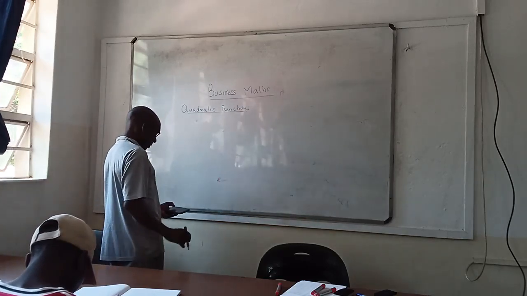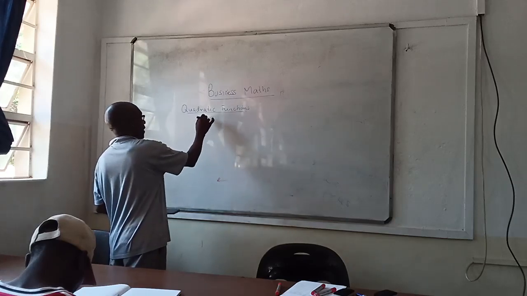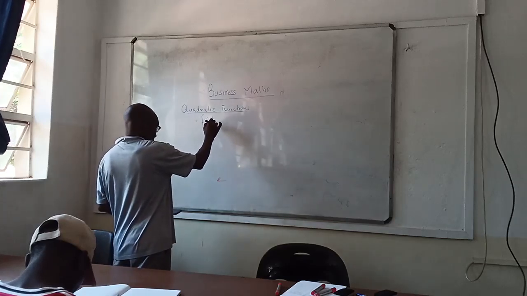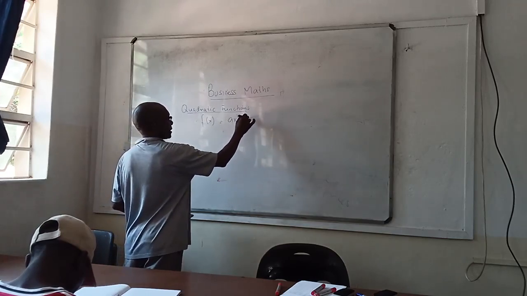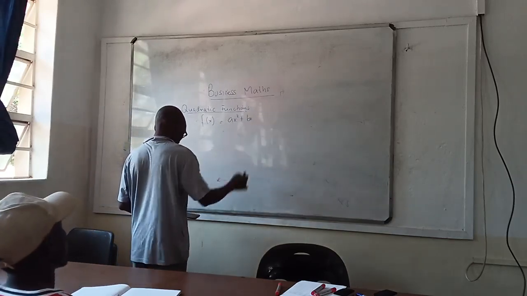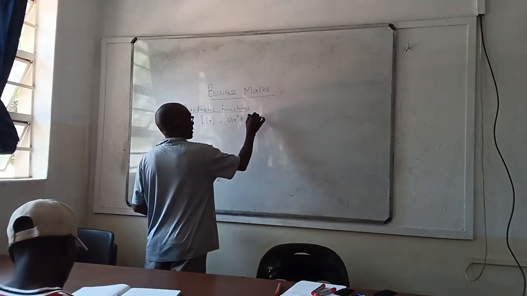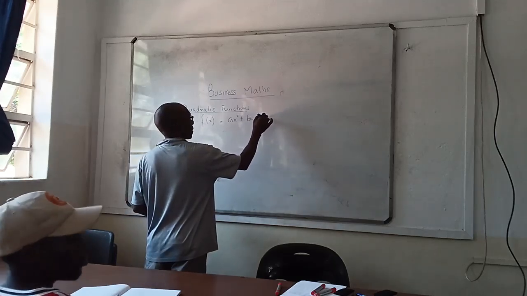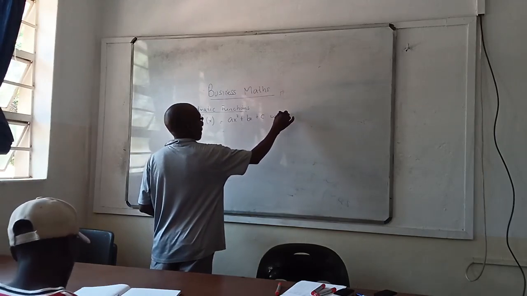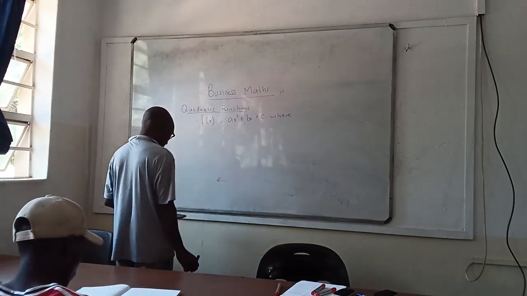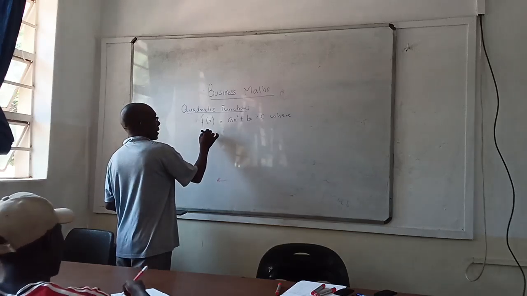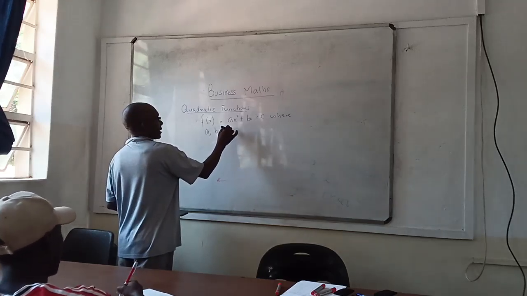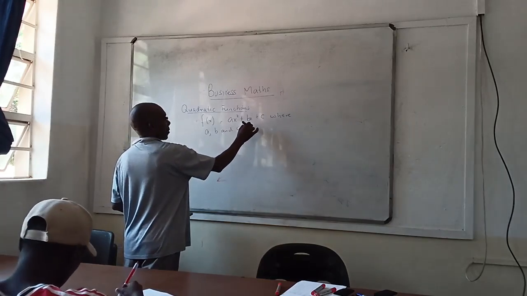It takes the form f of x equals ax squared plus bx plus c, where a, b, and c are constants.